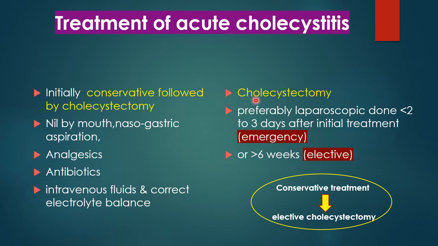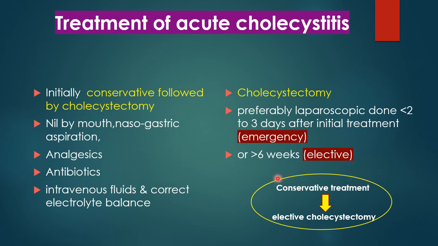The surgery involved is known as cholecystectomy or removal of the gallbladder, and can be done by open method or laparoscopic method. Okay, and initially it is done within the first 2 days or 3 days if the infection does not settle. If it settles, then we continue the treatment and do the operation 6 weeks later as an elective operation.